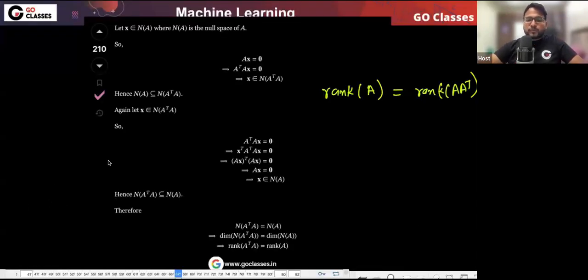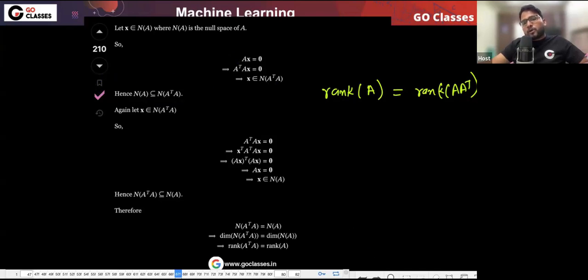So have you understood this proof? How many of you have understood? Have you seen this proof? What they are proving is that both A and A transpose A have the same null space. First, if x is in the null space of A, then by multiplying by A transpose, we have just proven this.